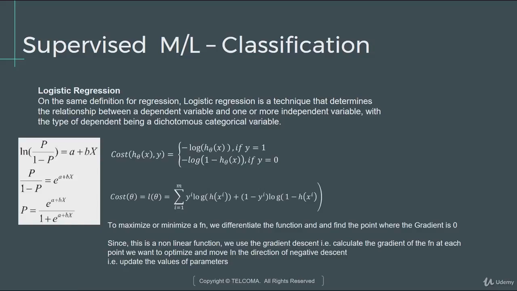We have a non-linear function and we use a gradient descent algorithm to calculate the gradient of the function at each point we want to optimize. We move in the direction of the negative descent, and eventually we reach the most optimum point, and we finalize that as the values for the parameters. At each step, you update the values of the parameter.